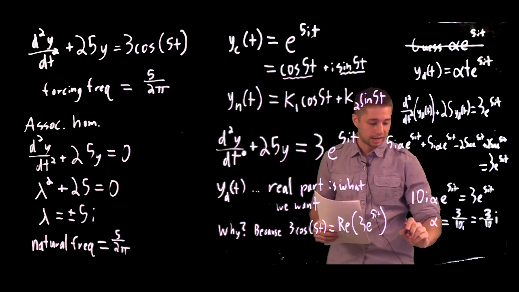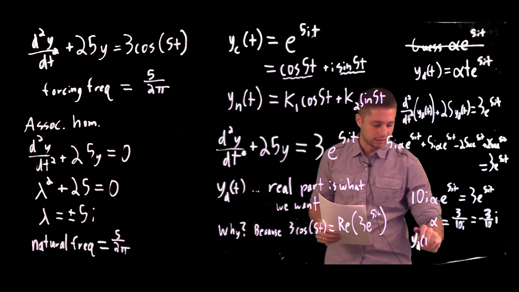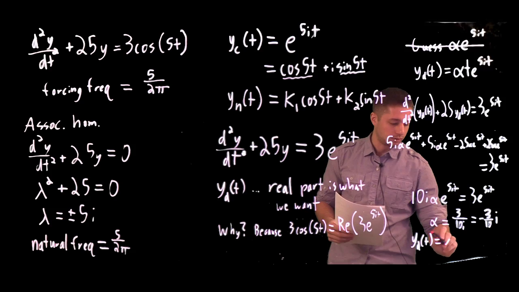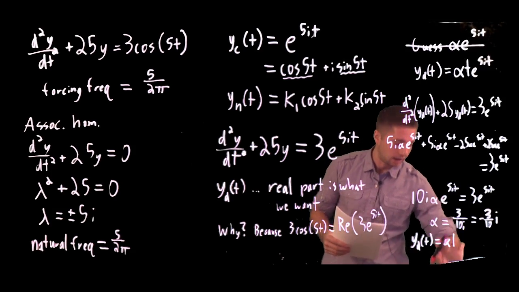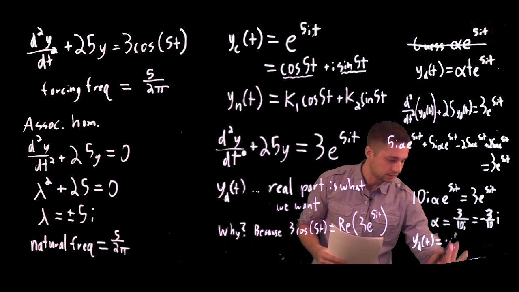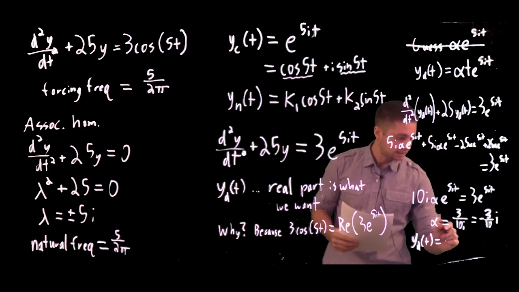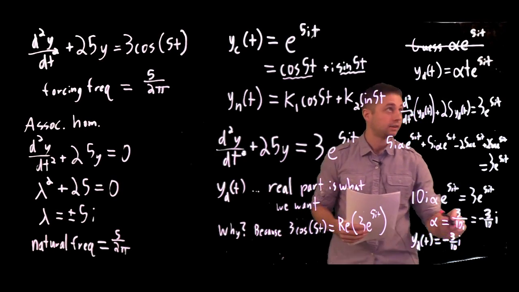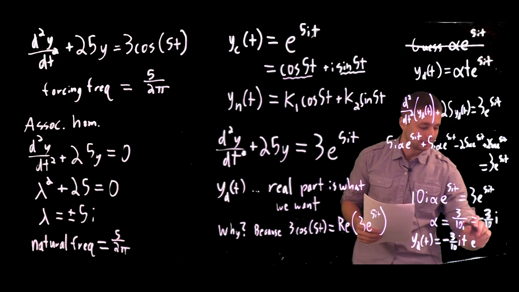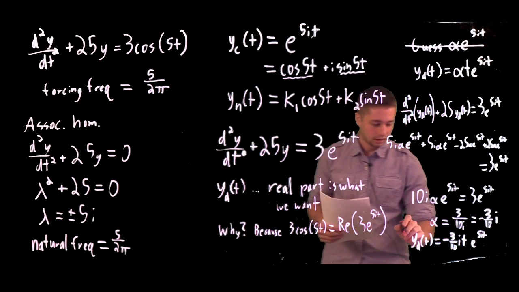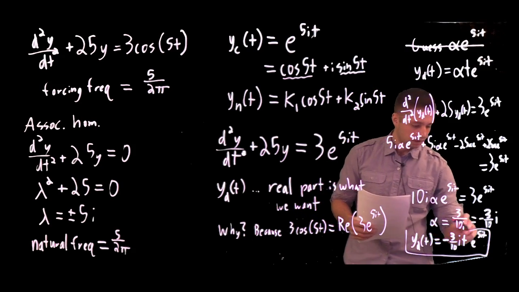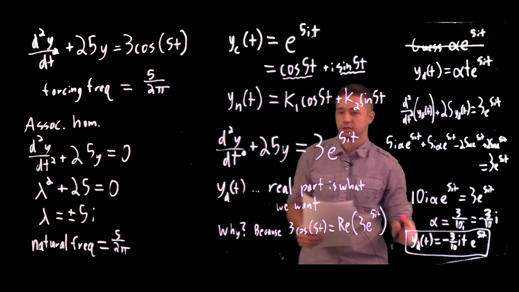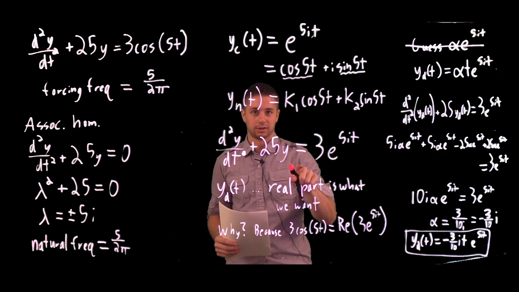So at the end of the day, we get that y_d(t) is equal to, sorry, not alpha, because we just figured out what alpha is, y_d(t) is minus 3i/10 t e^(5it). So this is our particular solution to the complexified differential equation.